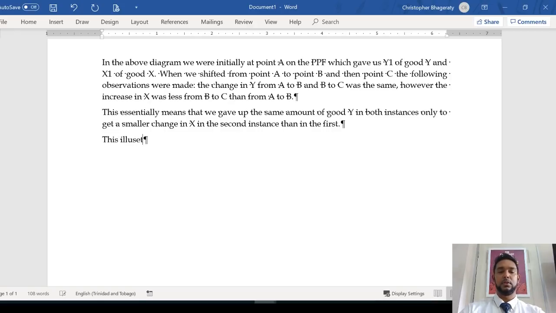This illustrates the concept of increasing opportunity costs. If you could shorten that anyhow, that's fine.